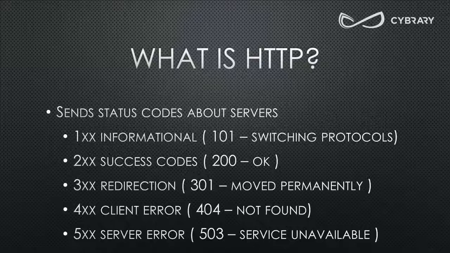So some examples are the 100 status codes, which are informational, and an example of that is the 101 switching protocol. And then we have the 200, which are success codes. So if you successfully browse to a web page and you successfully get that data retrieved, you'll get a 200 code. 300 are redirection codes, and they give you different information about redirection.